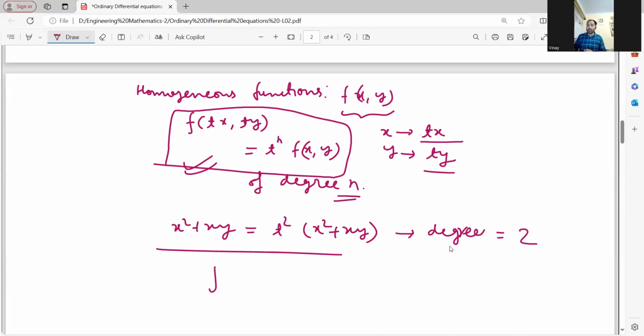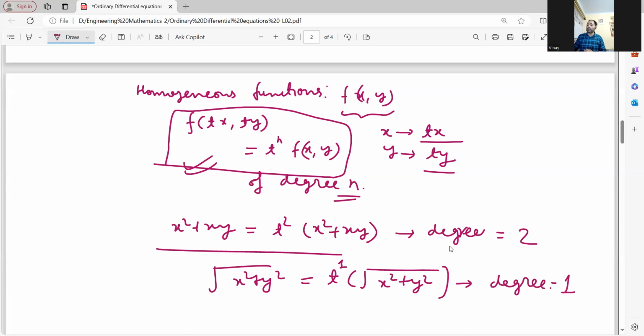And how about root of x square plus y square? If you have this function, I'm sure it is very easy to get t to the power 1. So what would be the degree for this function? 1. How about sine x upon y, or y upon x, it doesn't matter. You will get t to the power 0 times sine x upon y. That means the degree is 0.